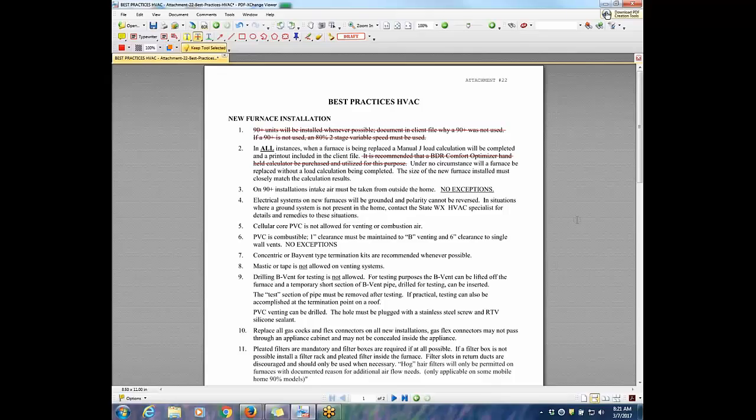So I was wondering how agencies are dealing with their crisis furnaces, because if it says in all instances when a furnace is being replaced, what are they doing to size those? Do you guys have good methods for that, or has this been an issue for anybody out there? Good question. What do you do on crisis to correctly size your equipment?